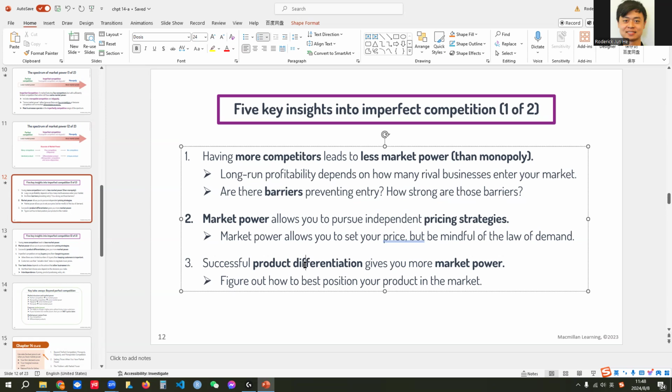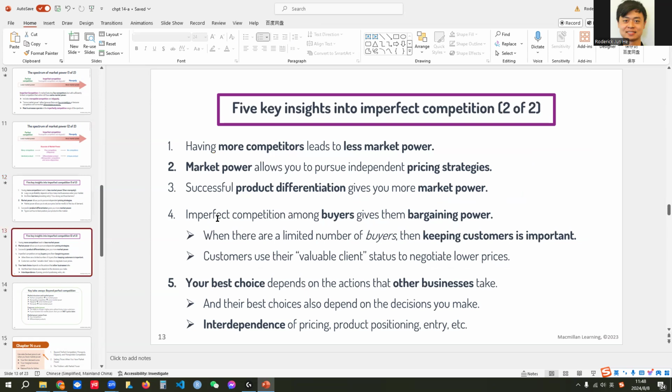And successful product differentiation gives you more market power. That's the special talent that I'm talking about. That's why you try to build your own competitiveness by becoming differentiated, make a difference, right? So point 4, imperfect competition among buyers gives them bargaining power.